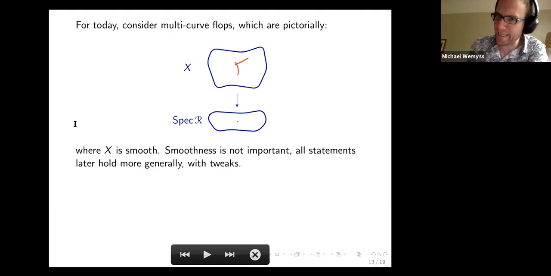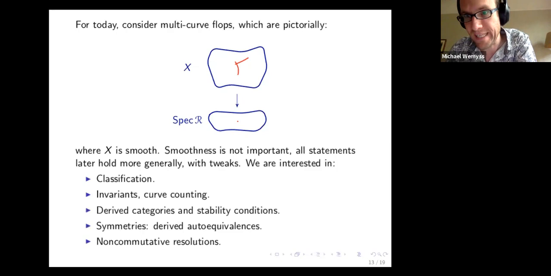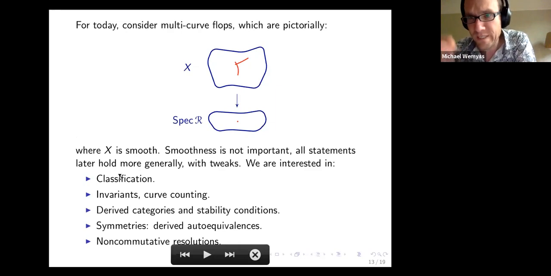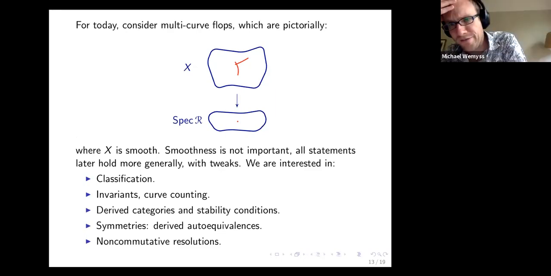So what are we interested in? What were the last slides motivating? What I've been thinking about for quite some time now is that we want to be able to classify these objects. If you think that flops are the most fundamental birational surgery in dimension 3, it would be nice to have an actual classification of them, an actual up-to-isomorphism classification.